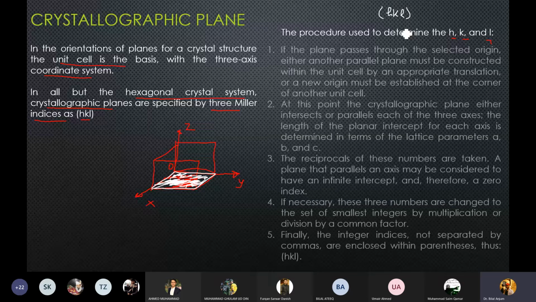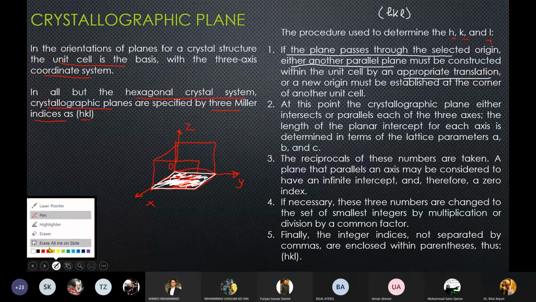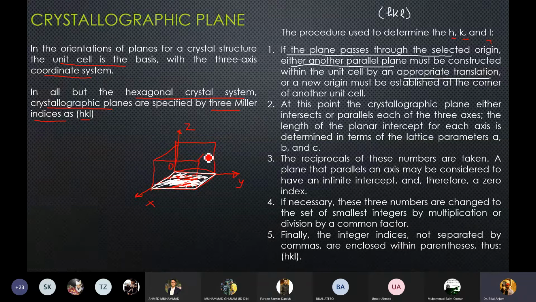The procedure says that the first thing you have to check is if the plane passes through the selected origin, which is O, you should draw another plane which is constructed within the unit cell by an appropriate translation. So this is the complete unit cell.